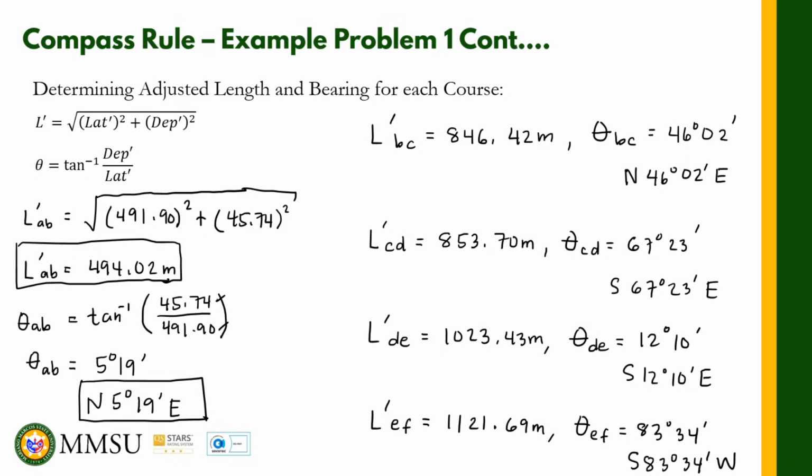All right, so next finally we have FA na lang. The corrected length for FA is equal to just square root of 374.97 squared plus 544.09 squared. So we have 660.78 meters.